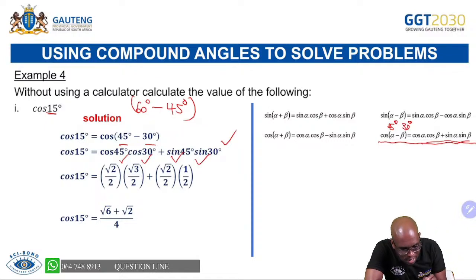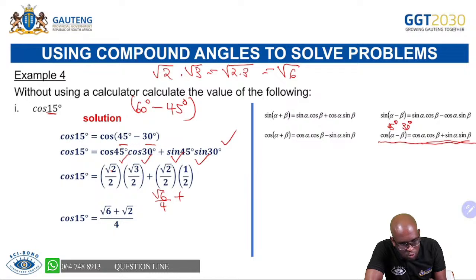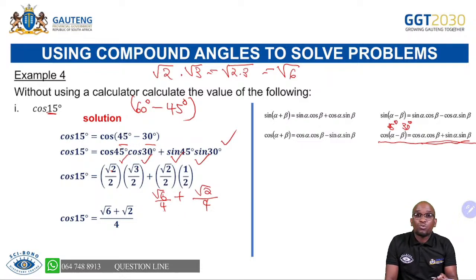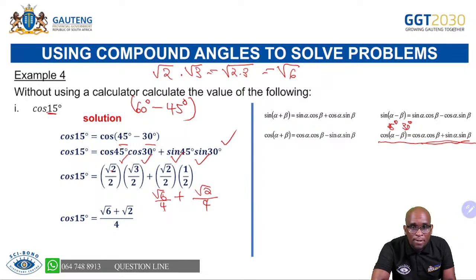When you multiply the square root of 2 times the square root of 3, this becomes the square root of 6. So this is the square root of 6 divided by 4 plus square root 2 times 1, the square root of 2 divided by 4. They have the same LCD, so you just add the numerators: square root 6 plus square root 2 divided by 4. Right, we move on.